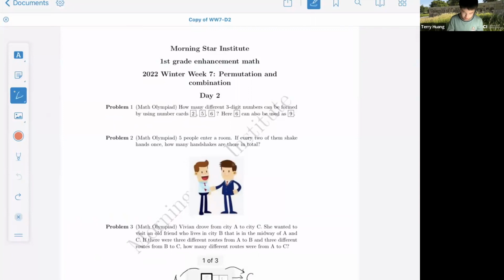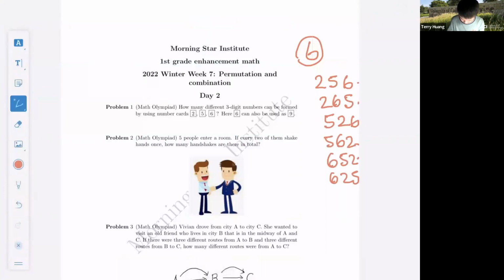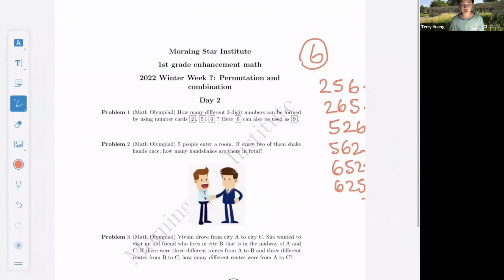So we first consider the case in which we consider 6 as a 6, and then we can find that once we write all of the cases out, there are 1, 2, 3, 4, 5, 6 cases. So for the case in which we take the 6 as a 6, we have 6 different cases.